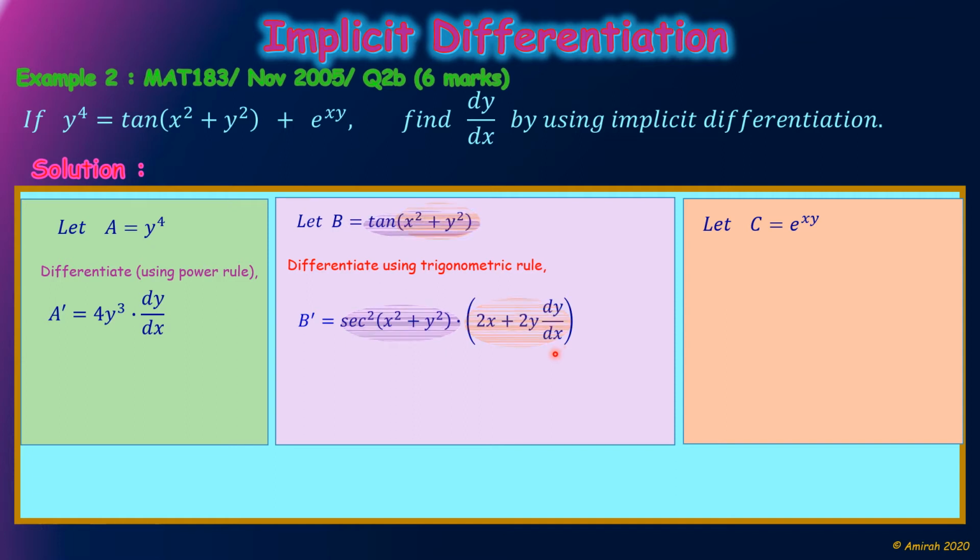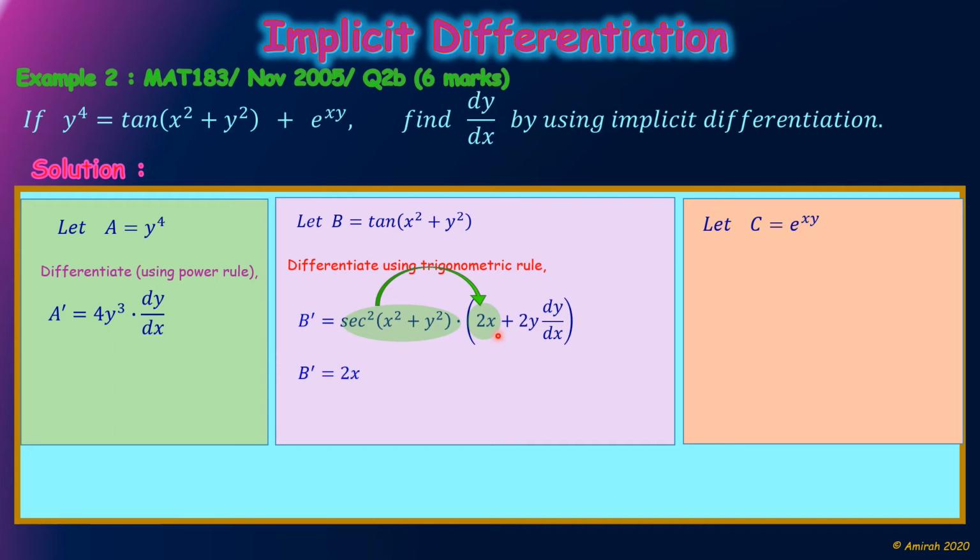Alright? And after that, every time when dy over dx is inside a bracket, we must expand, because for the final answer, we need to write dy over dx as the subject. So we expand sec squared (x squared plus y squared) times 2x.